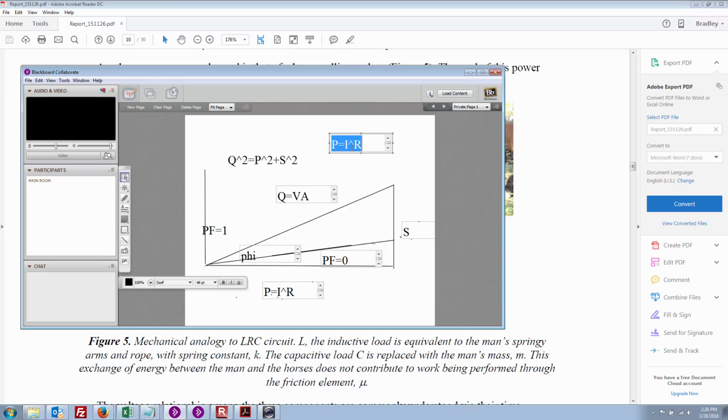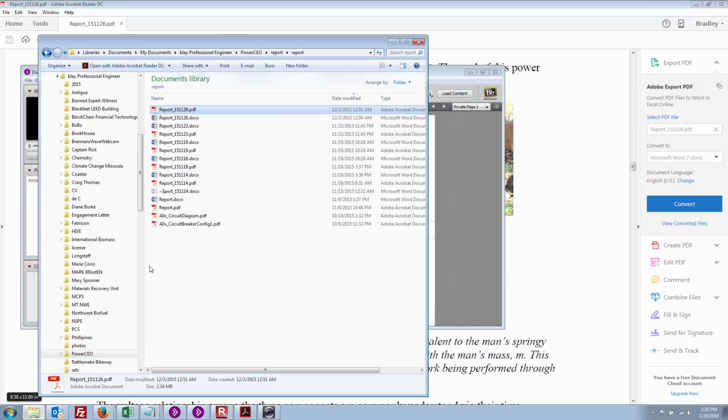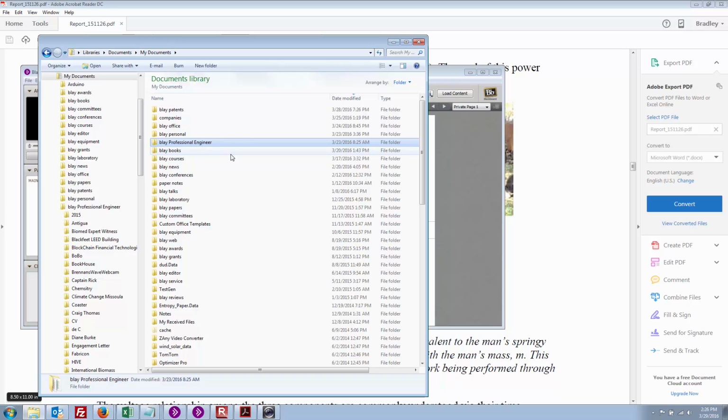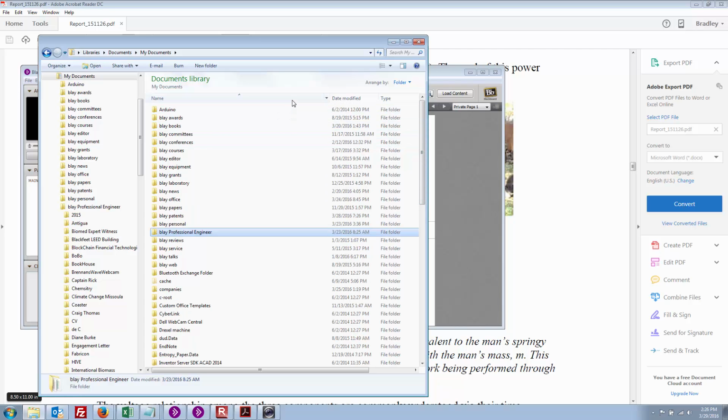Give me one quick second and go back to check another document I have here. There's always sort of a simplest way, and I don't want to make it more complex than it is.